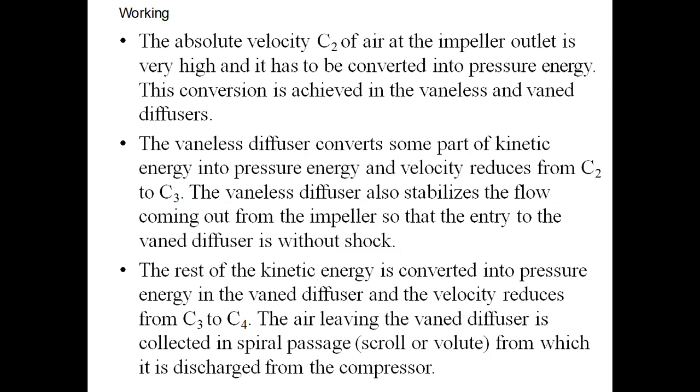The vaneless diffuser converts some part of the kinetic energy into pressure energy, and velocity reduces from C2 to C3. The vaneless diffuser also stabilizes the flow coming out from the impeller so that the entry to the vane diffuser is without shock.